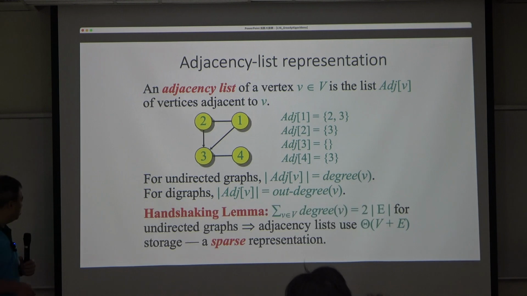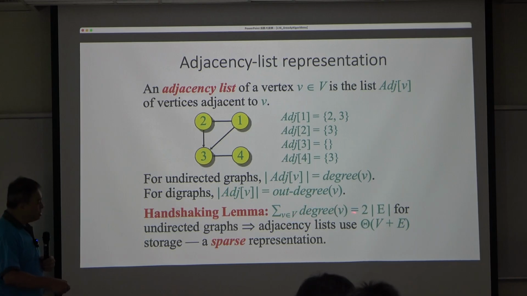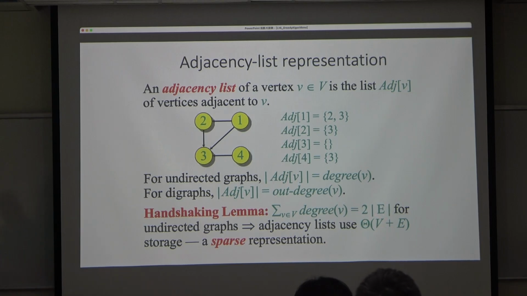There's also a very famous handshaking lemma. If you add together the degrees of all the nodes, it is going to be 2 times the size of E, because each edge is counted twice.